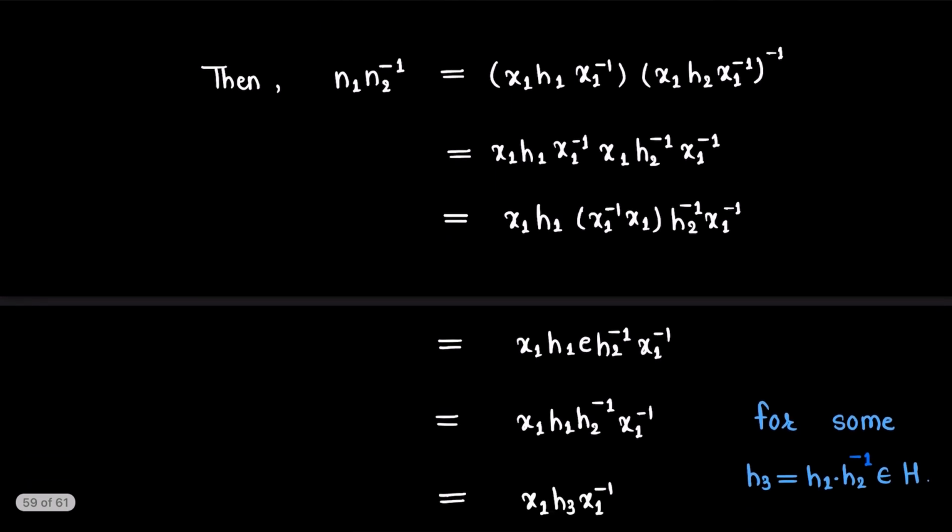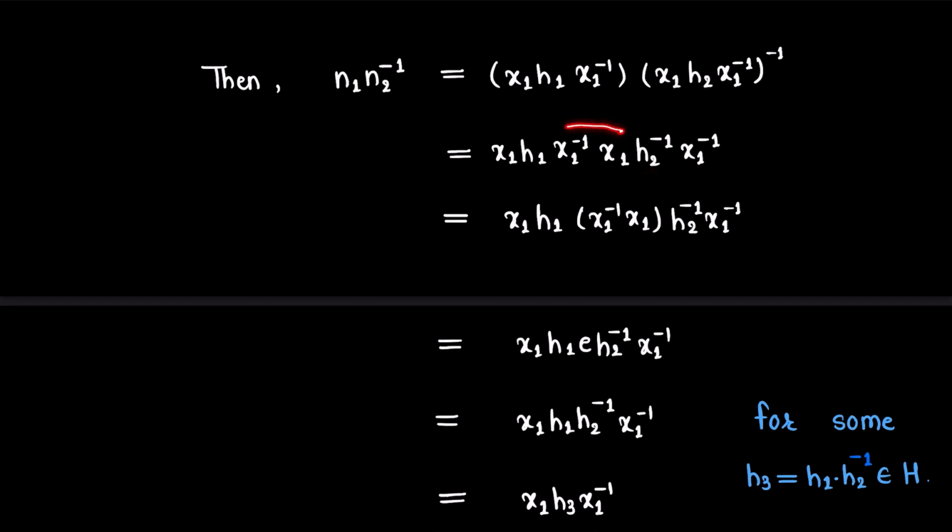Now consider n1 n2 inverse. So that will be x1 h1 x1 inverse, x1 h2 x1 inverse, its inverse. In the next step this can be written as x1 h1 x1 inverse, x1 h2 inverse x1 inverse. This follows from the socks-shoes property.